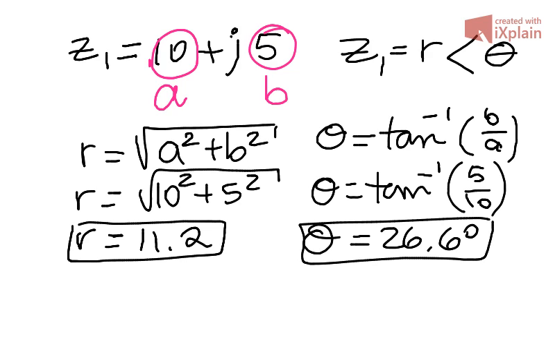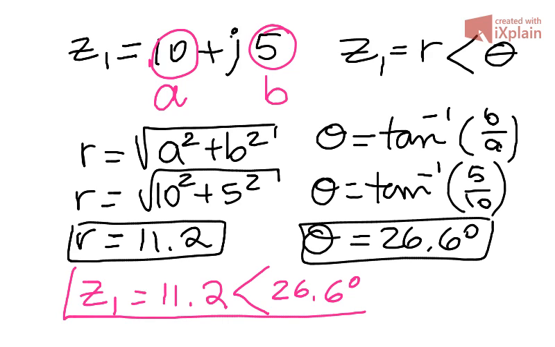So now we are ready to rewrite Z1 that we had originally there on the top as a rectangular representation, 10 plus J5, into polar form, R, and the angle 26.6 degrees. Here it is. That's Z1.